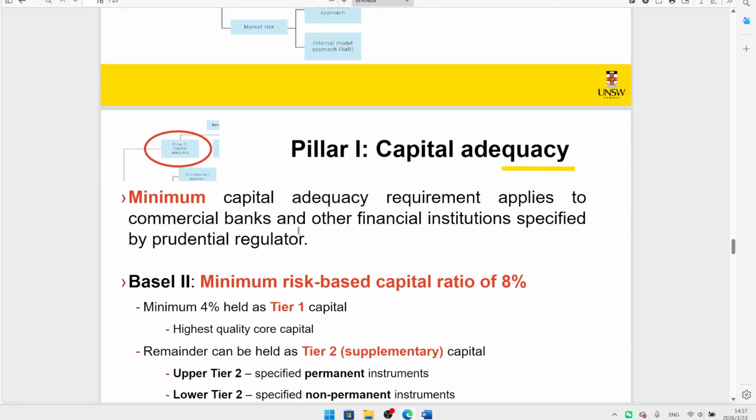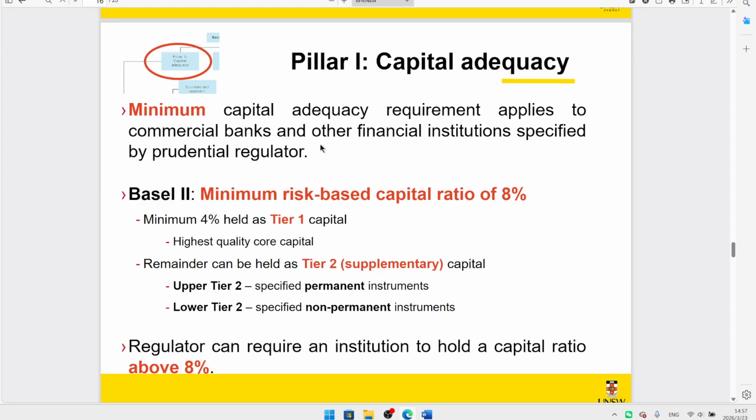So we first discuss Pillar 1 capital adequacy. Pillar 1 requires that a minimum 4% be held in Tier 1 capital. The remainder can be held as Tier 2 supplementary capital.